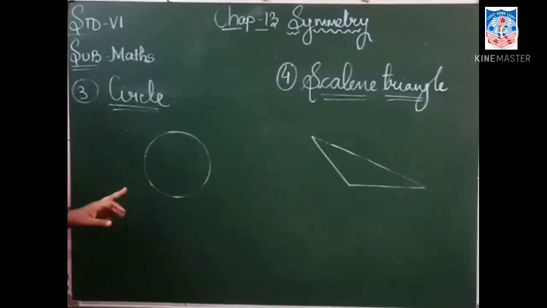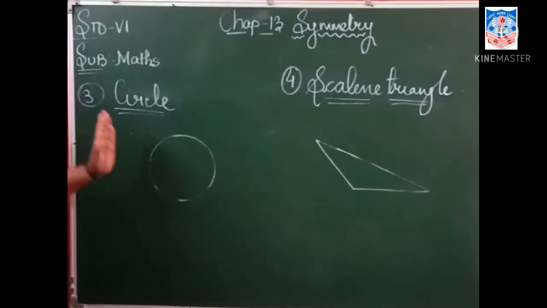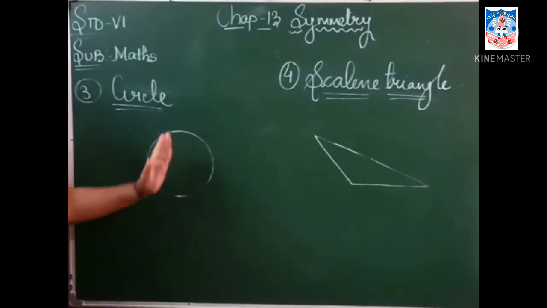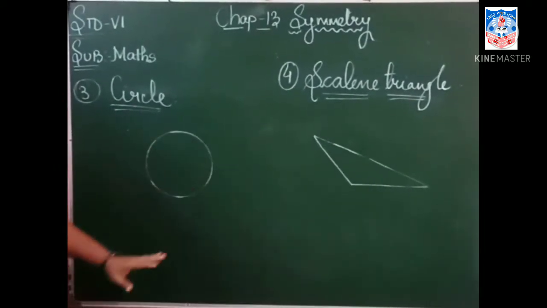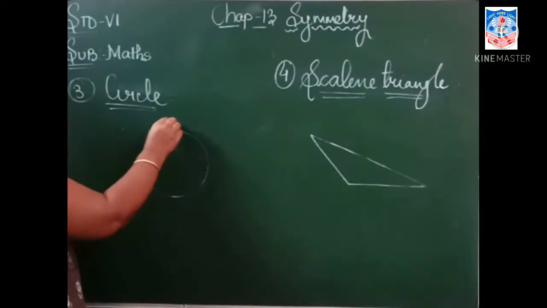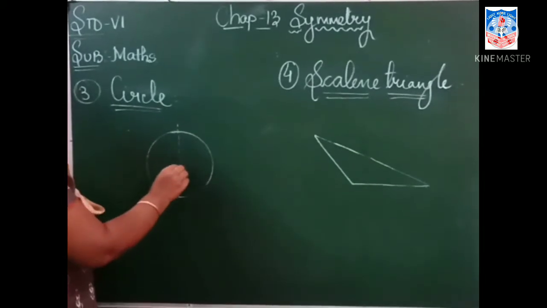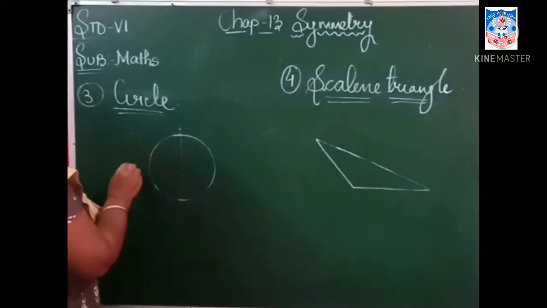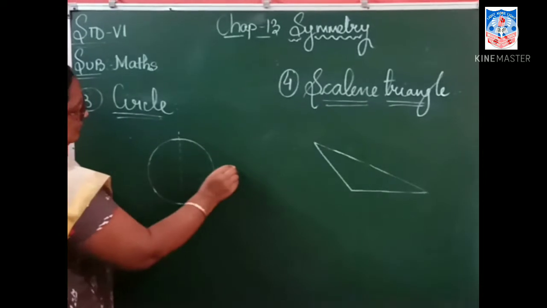Next is circle. We can draw as many lines of symmetry as we want in a circle. Now see, this way, this way.